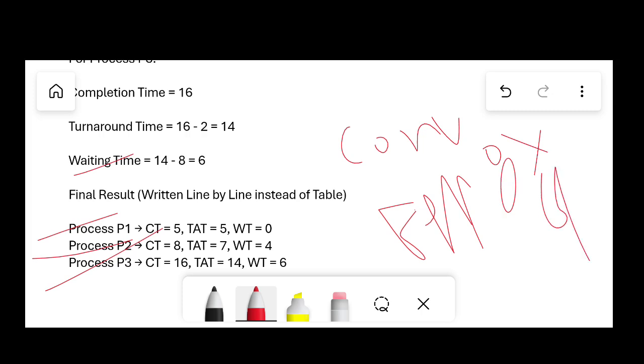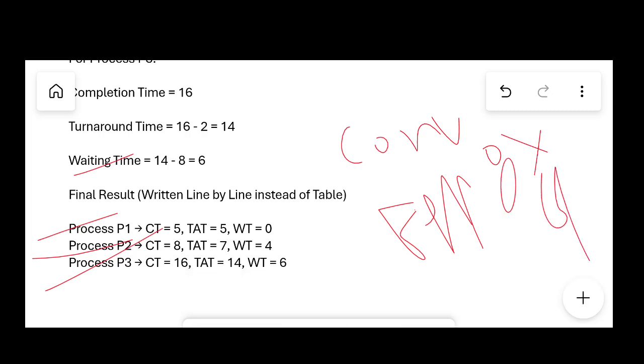For example, if a very long process arrives first, all the shorter processes behind it will have to wait. So in short, FCFS is very easy to implement but not always the most efficient.